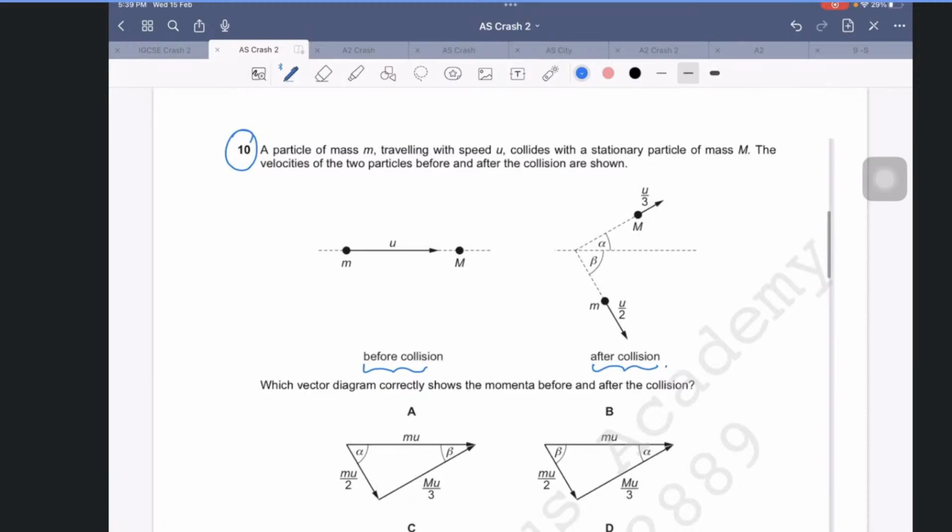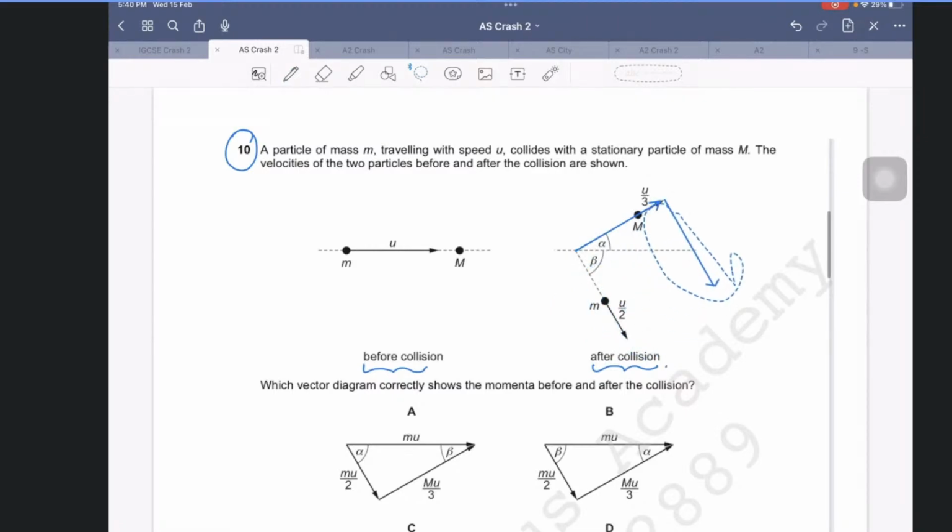What you're going to do is, because you know that this vector is like this, and this vector is like this, you're going to pick this vector and place it right here.